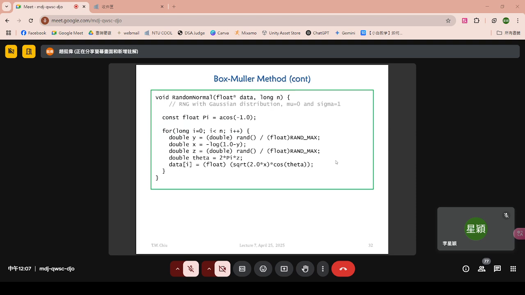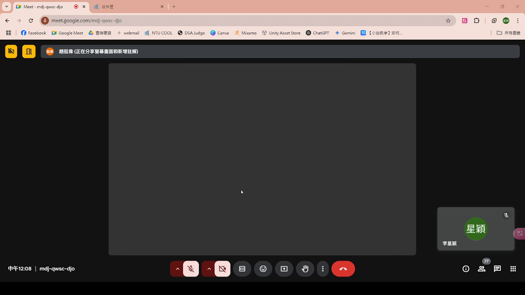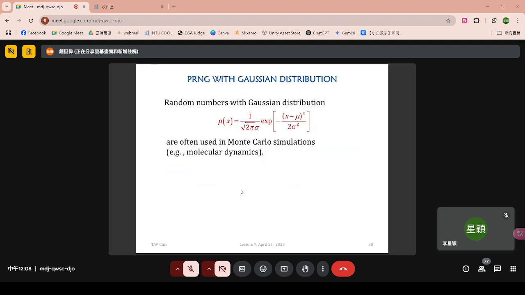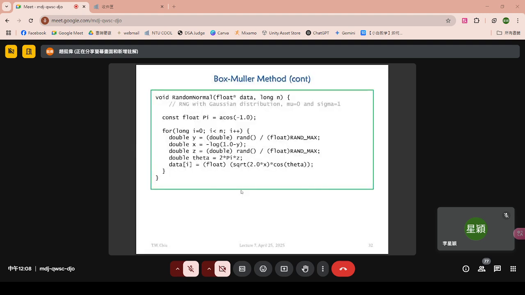So this is how I generate the Gaussian distribution with this simple function, random normal, using the Box-Muller algorithm. Any questions?